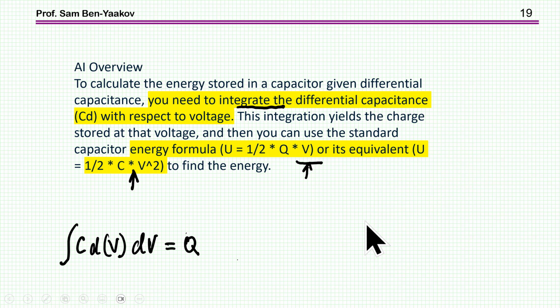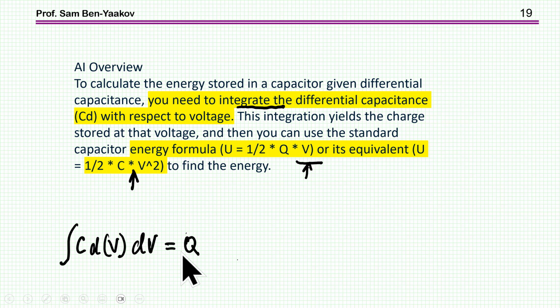And finally, let me show you an output of a Google AI when I asked how to do this calculation. And then it says to calculate the energy stored in a capacitor given differential capacitance, you need to integrate the differential capacitance C with respect to voltage, this one here.